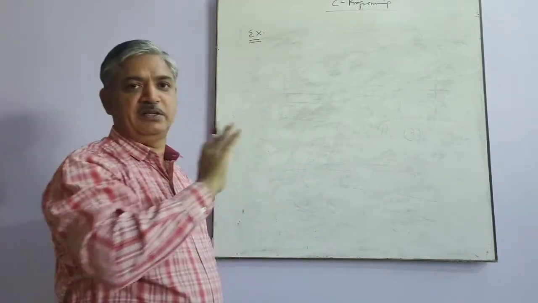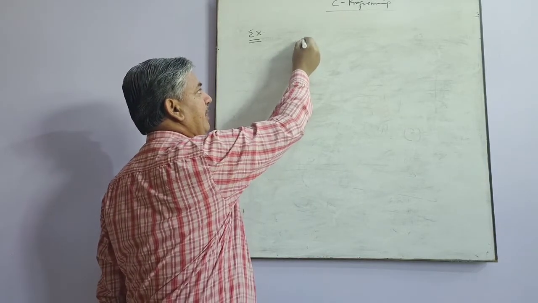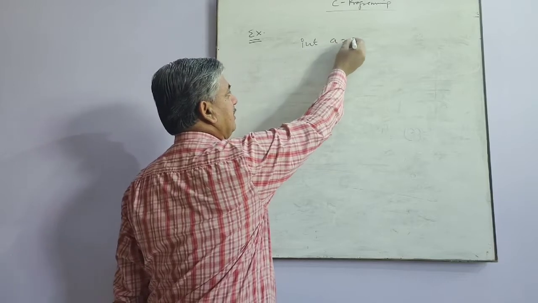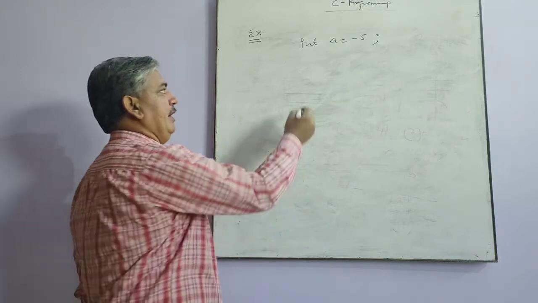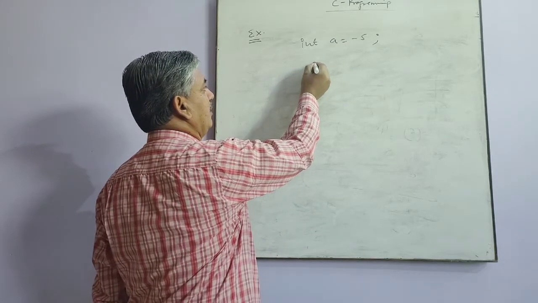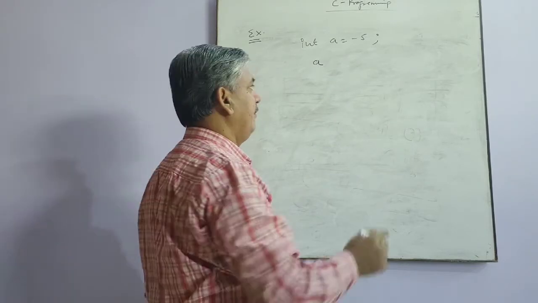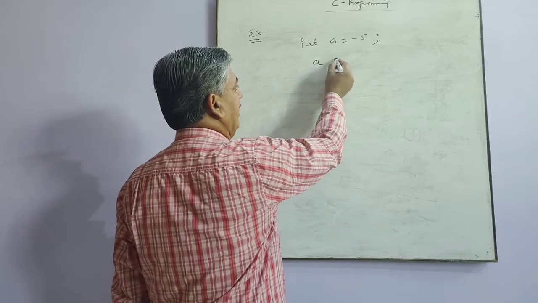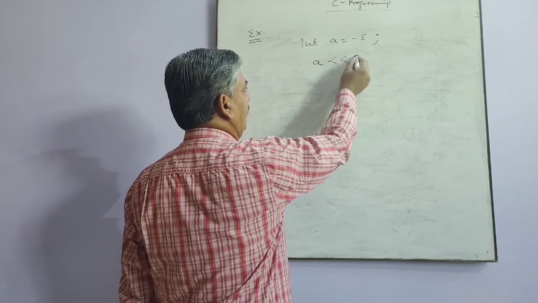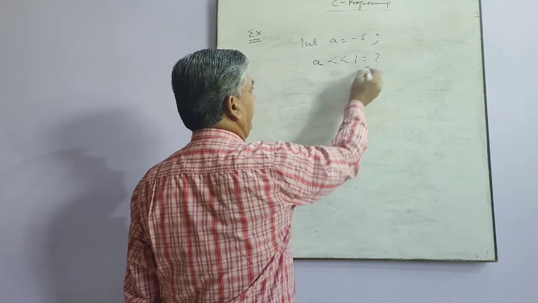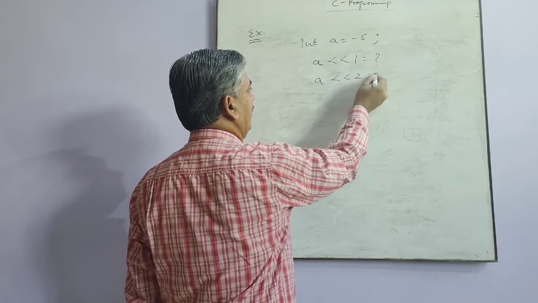Suppose let us consider another example. Suppose int A is -5, and we want to compute the value of A left shift 1 and A left shift 2.